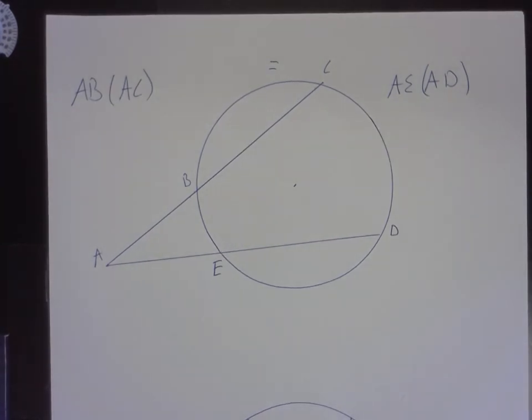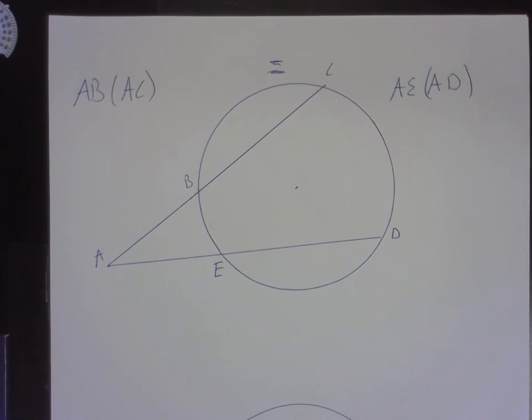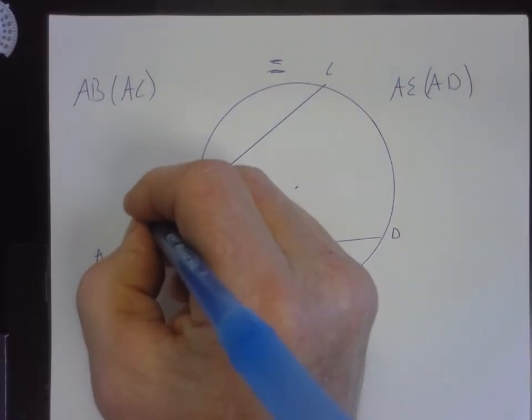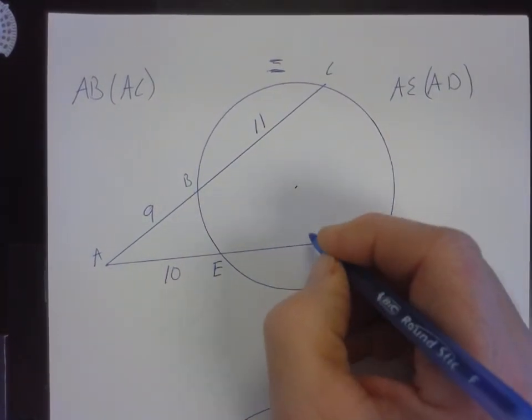So when you have secants like this that intersect on the exterior of the circle, then you have that bit right there. So it would look something like this. This one's 9, this one's 11, this is 10, this is X.